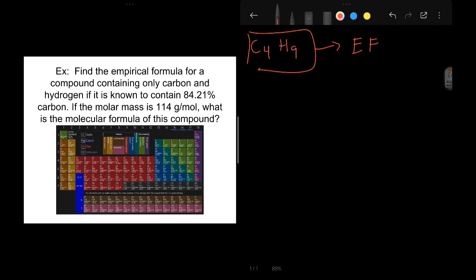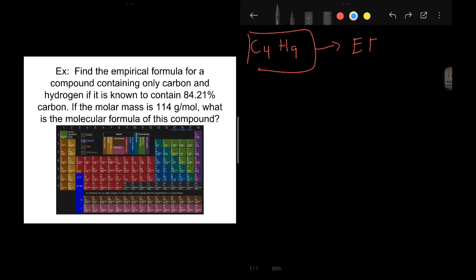Now, next will be if the molar mass is 114 grams per mole, what is the molecular formula of the compound? So with the use of this empirical formula, we'll be looking for the empirical formula mass. So again, we're just simply getting the mass of carbon 4 and hydrogen 9.